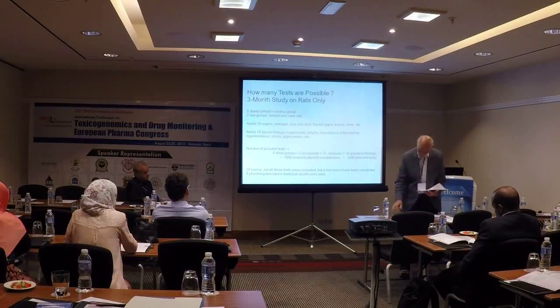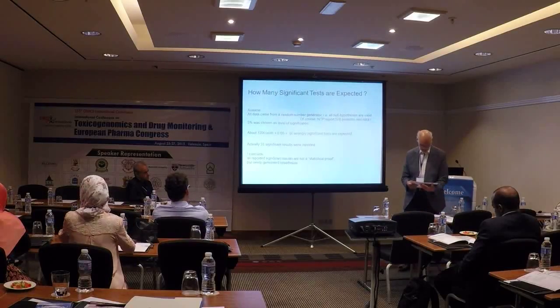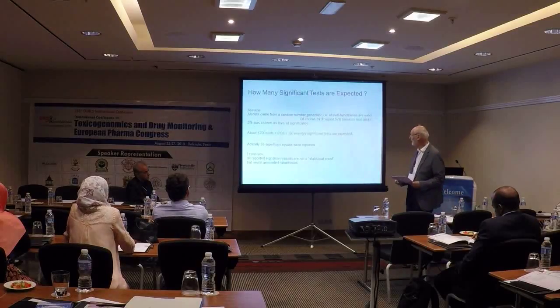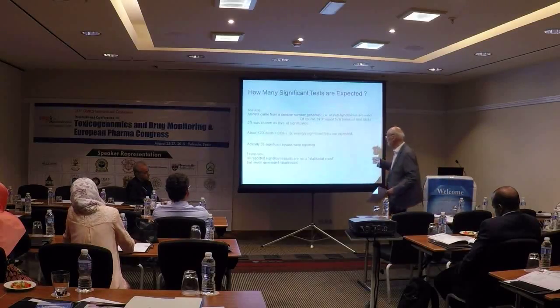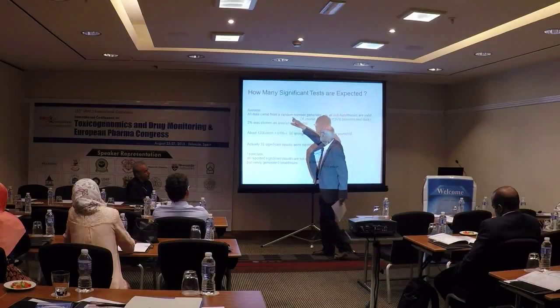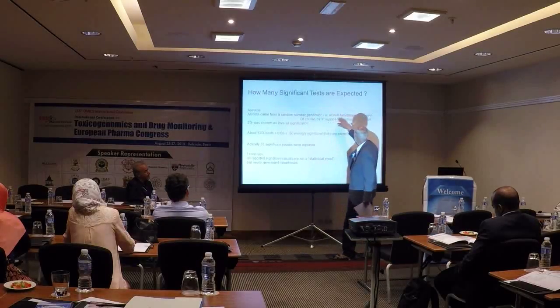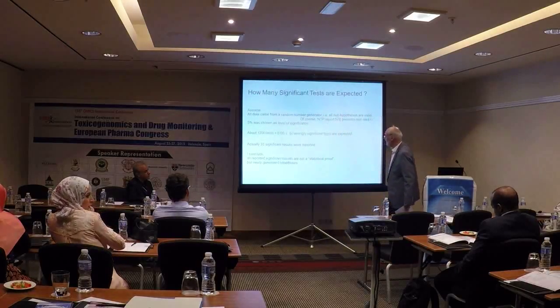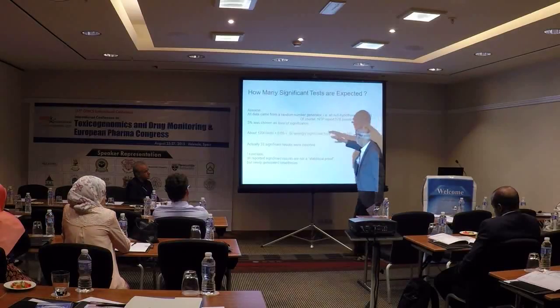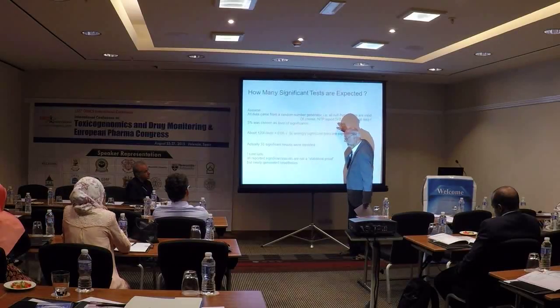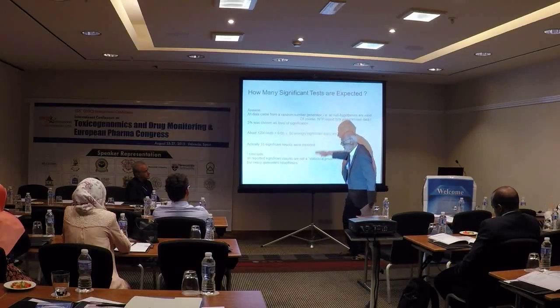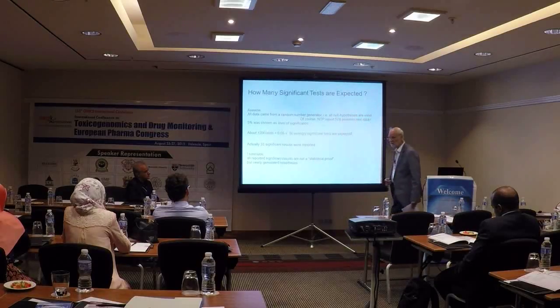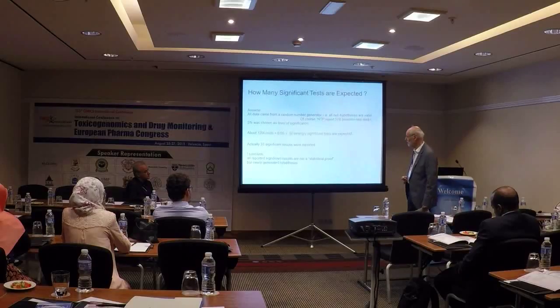And how many significant tests do we expect? Again, under the assumption that we use a random number generator. That means that the null hypothesis is valid for all. Of course, I know that they do not use random numbers, but I assume, in case it would have been random numbers, how many false significances, wrongly significant tests, we expect.